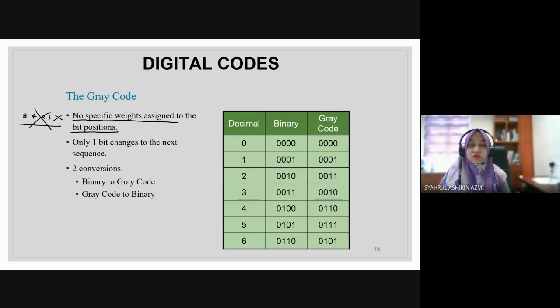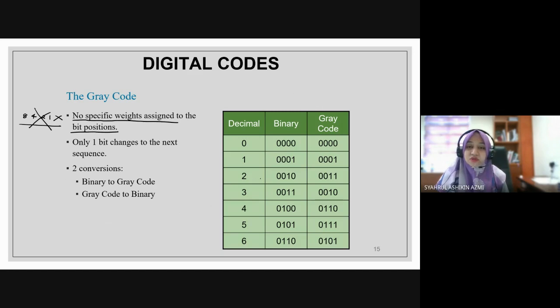Okay, so we will look into two conversions, which are binary to gray code and gray code to binary. So this is in terms of decimal, this is in terms of binary. You can see that for gray codes only one bit is changed. It starts from 000, and when decimal is 1, binary is 001, gray code is also 001.